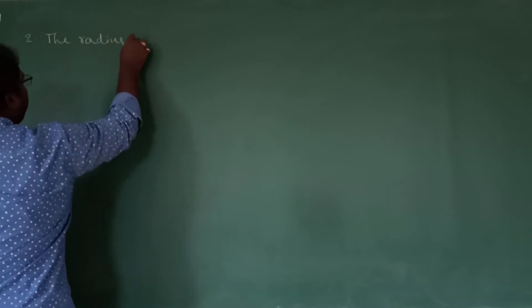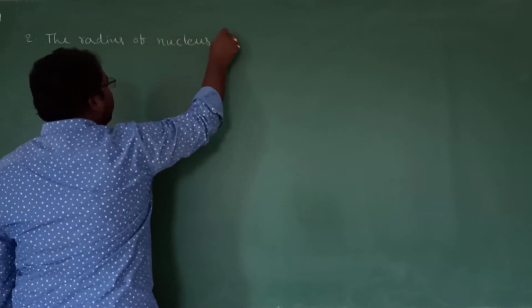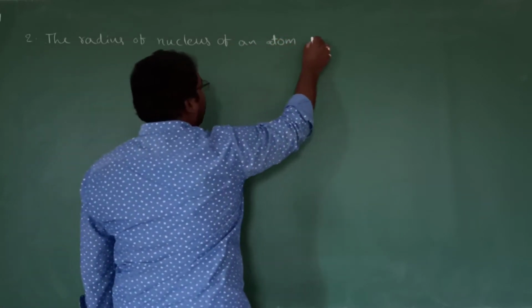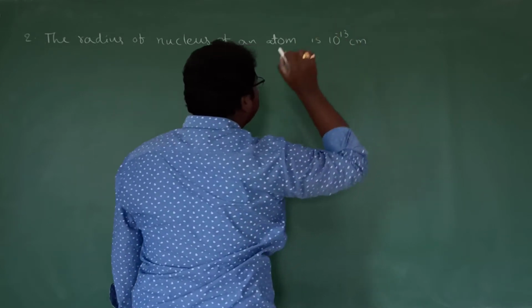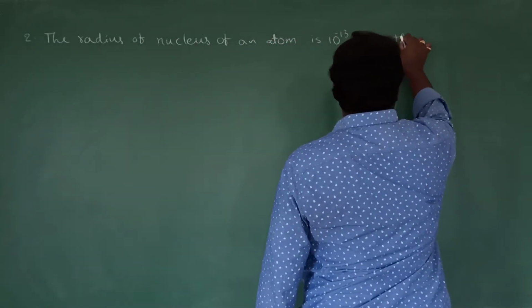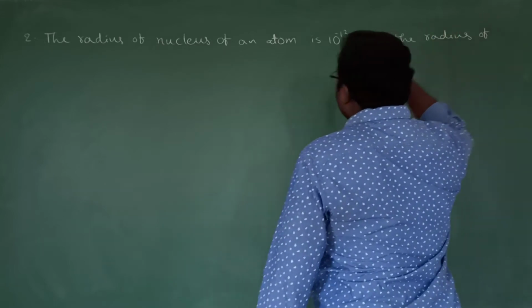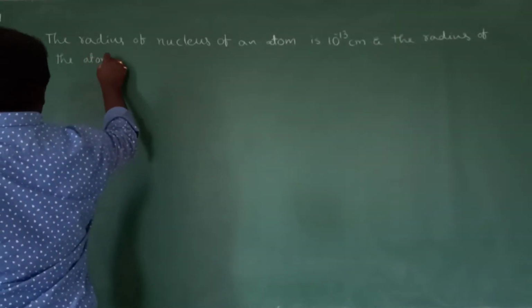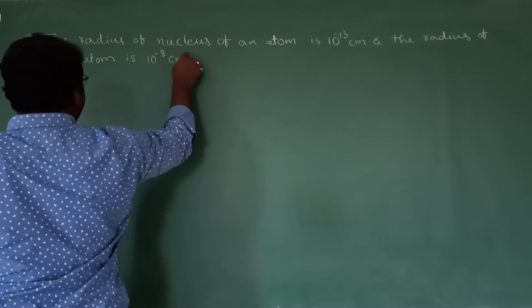The radius of the nucleus of an atom is 10 to the power minus 13 centimeter, and the radius of the atom is 10 to the power minus 8 centimeter.